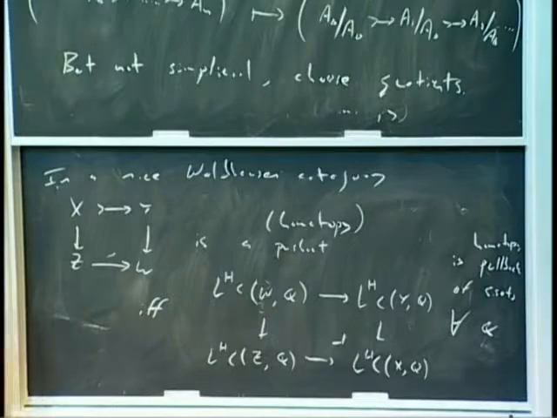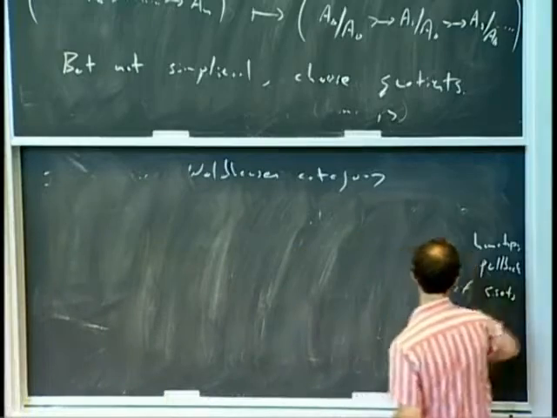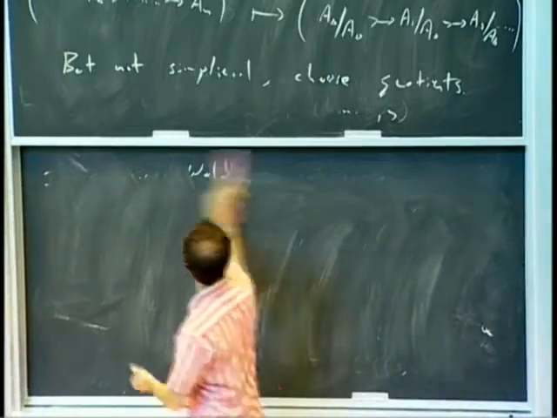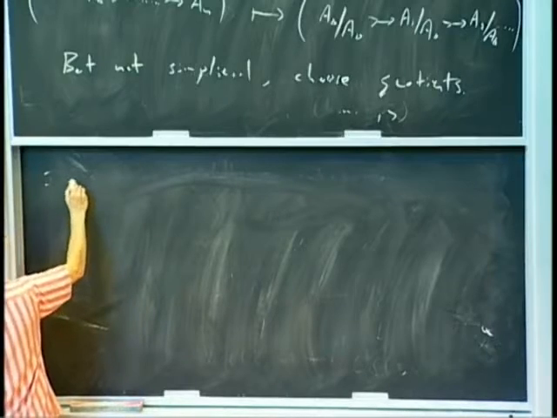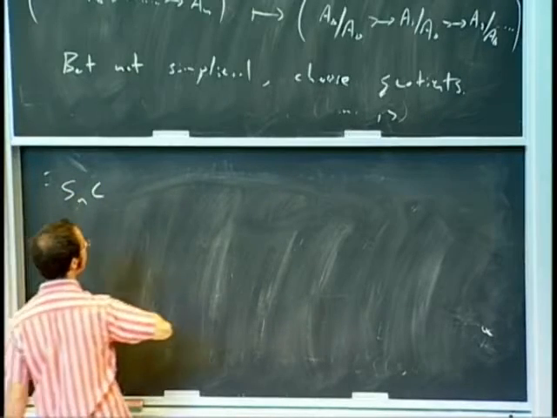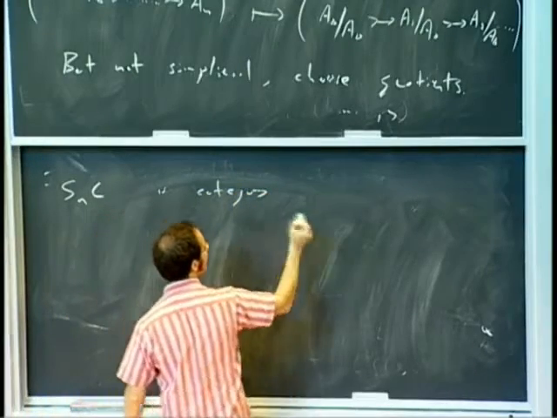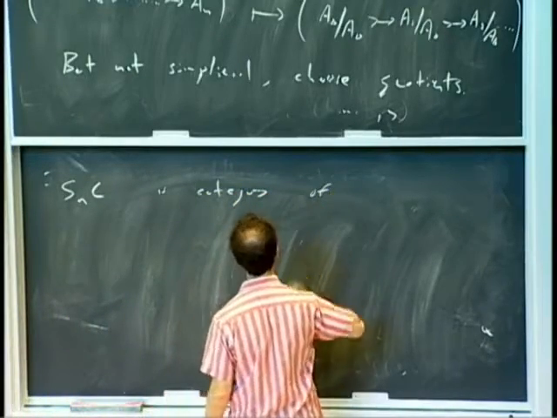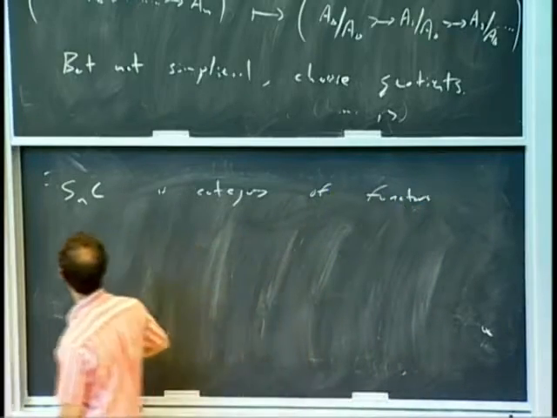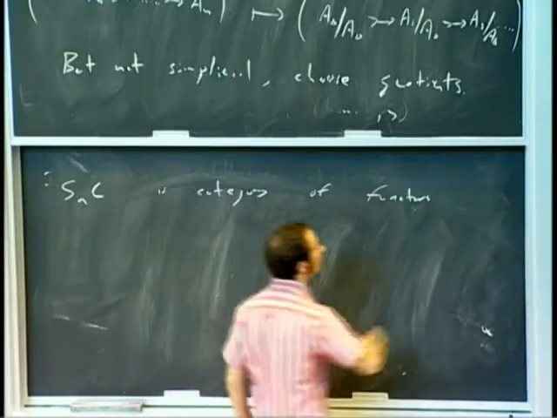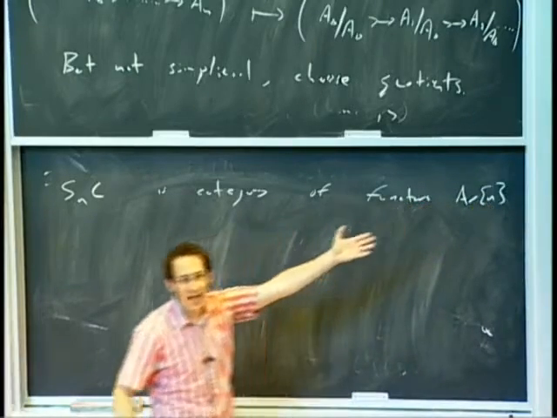Okay, so now I'm going to make an actual definition, which is that S_n of C is the category of functors from what I might write as the arrows in the poset n.